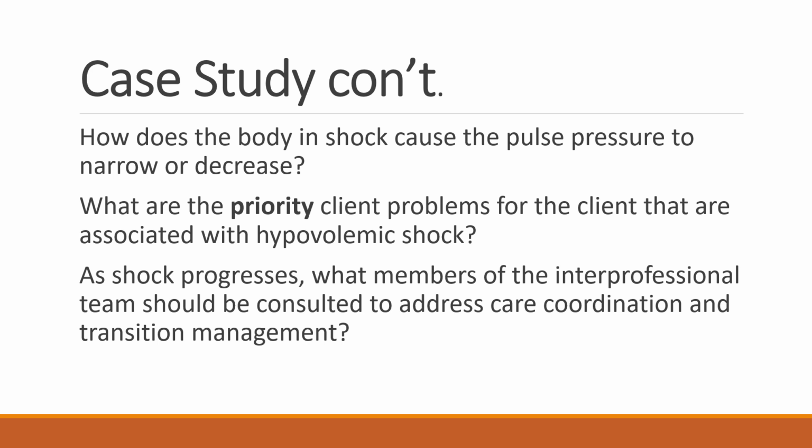That would be chaplain services, social services, and case management. As shock progresses, the client and his family may need to visit with the chaplain to address spiritual needs. Social services may need to be contacted to discuss options. And of course, the case manager would oversee the entire case.